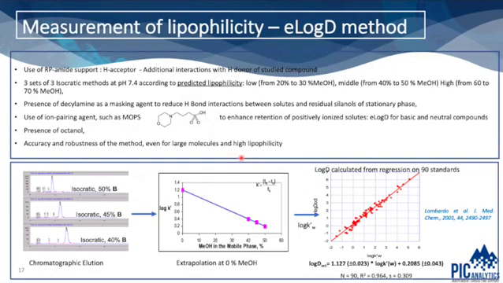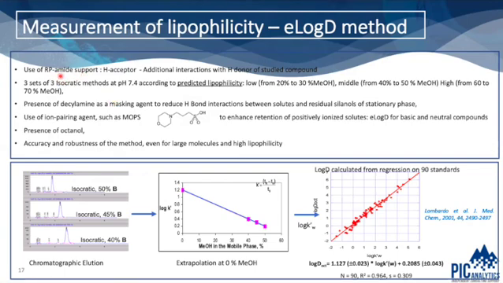Now I will switch to the system developed at Pfizer by Franco Lombardo and Marina Shalaeva. The idea was to mimic the shake flask, but to work at a higher throughput and to really highlight the hydrophobic interactions. To do that, Franco and Marina chose the RP amide support.